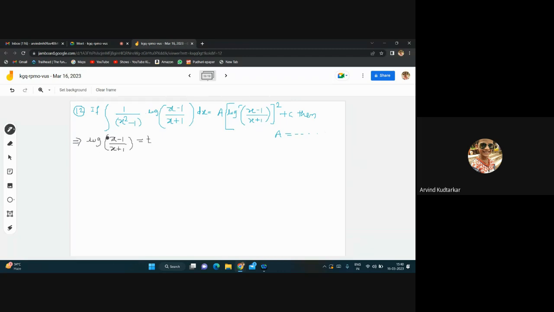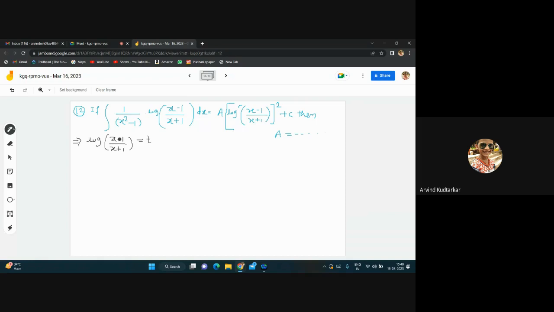So what should we do for that? By using the logarithmic laws, that is log of a by b, how will you write it? log a minus log b, that is equal to t.